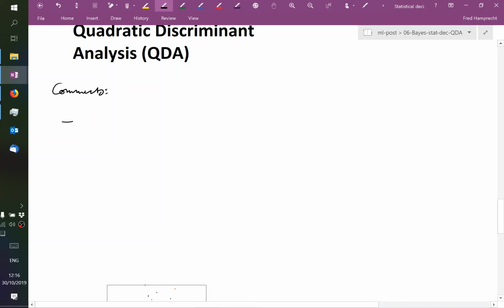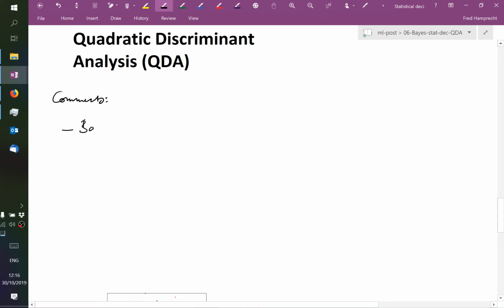In all our derivations, we had these true densities. So the base classifier, we now know what it is. It's really easy to write down in terms of a formula, but this base classifier relies on the knowledge of the true density of the classes and also on the true prior probability of each class.